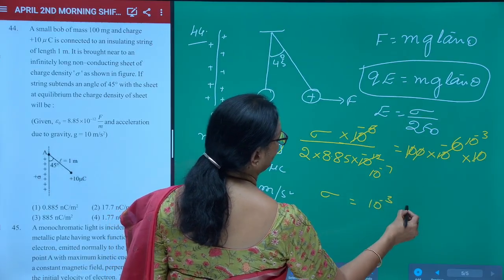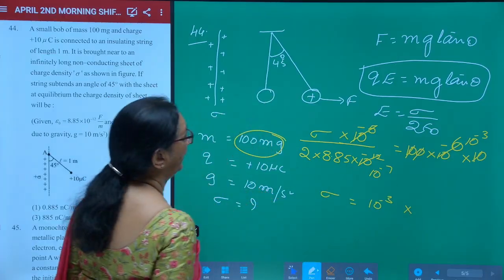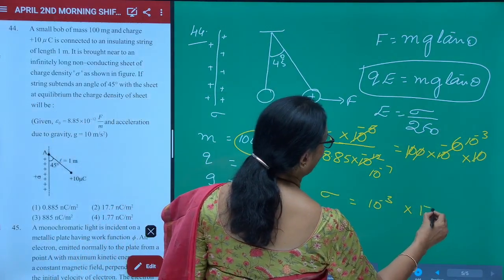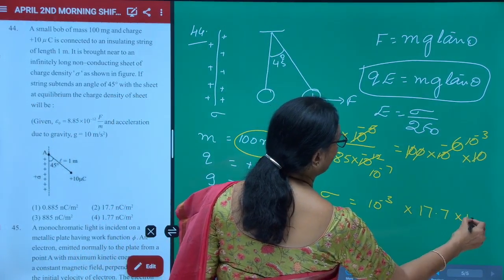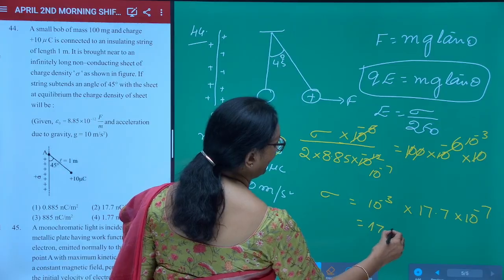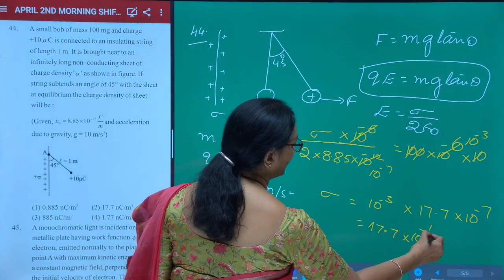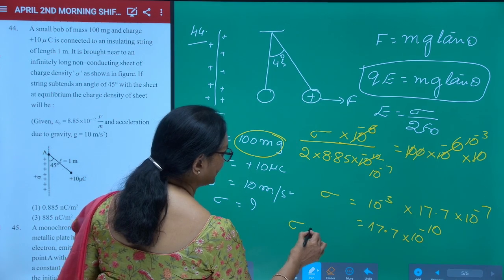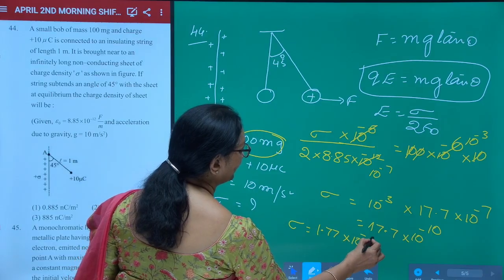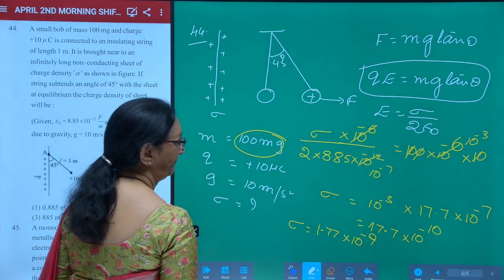If you take this to the other side, 2 into 8.85 is 17.7. 17.7 into 10 to the power of minus 7. So this is 17.7 into 10 power minus 10, or sigma is equal to 1.77 into 10 to the power of minus 9. Okay?